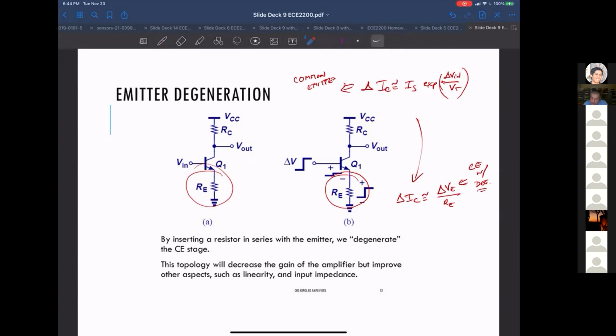Some of your change in current is still going to be because of V_BE change, but most of it, depending on how you pick your R_E values, is the majority of your change in collector current, because of the voltage drop across a resistor. And so it's much more controlled, because, as we'll see, A_v will be approximately R_C over R_E, very approximately.